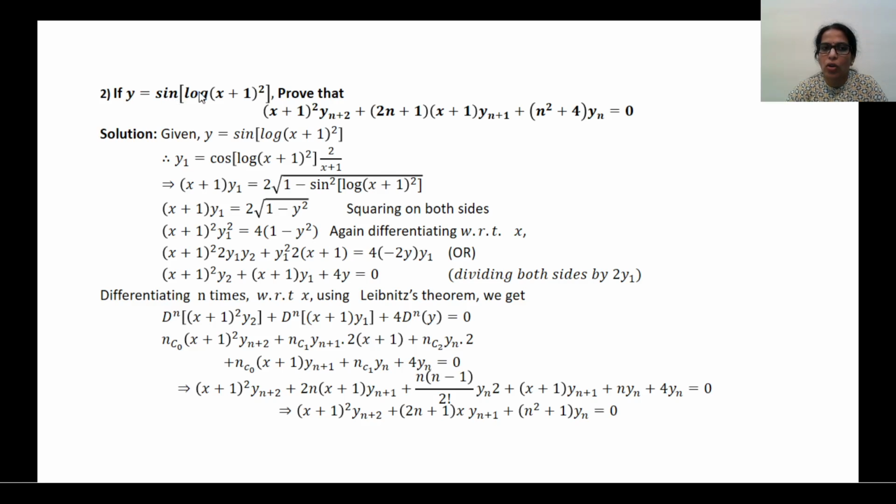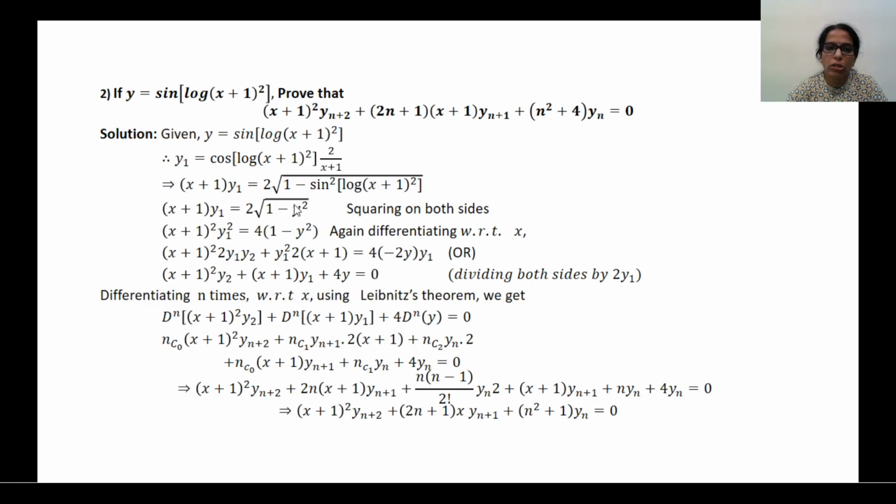It's sine of log of x plus 1 whole square. That is nothing but what we have considered as r, they have given it as y. Now replace this sine of log of x plus 1 whole square by y square. Since you have sine square, it is root of 1 minus y square.